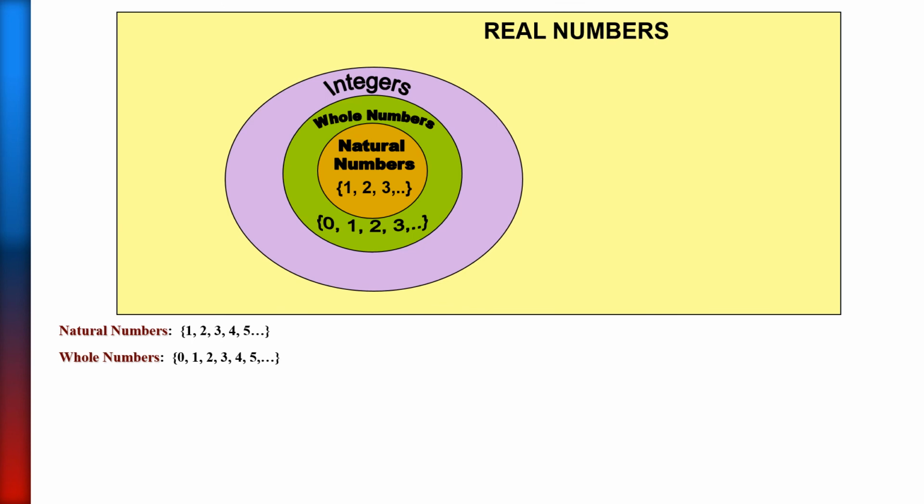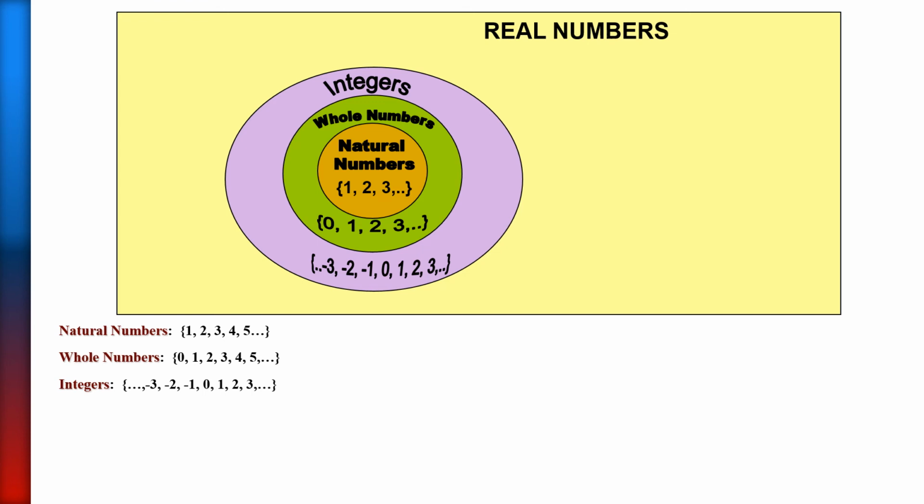And integers are your negatives, your positives, with 0 in between. Okay, so you have your negatives on the left, you have your positives on the right, and you have 0 in between.